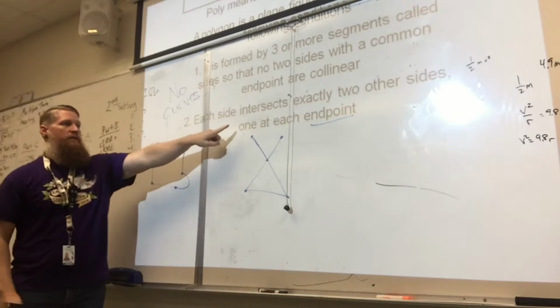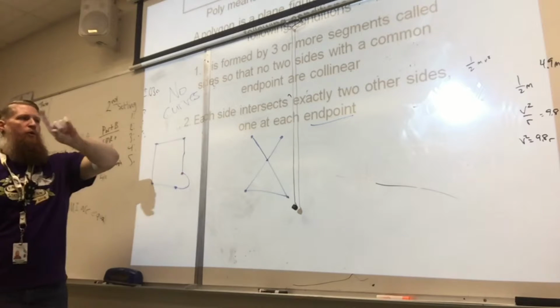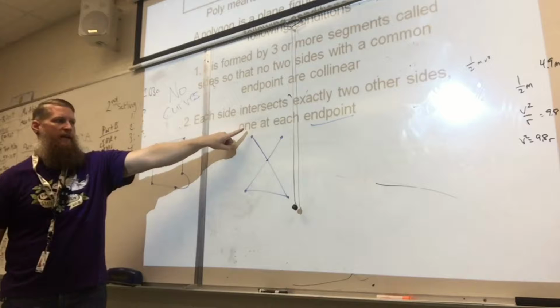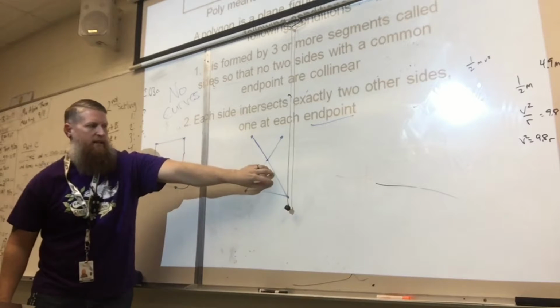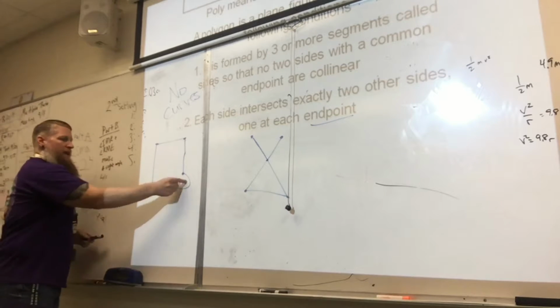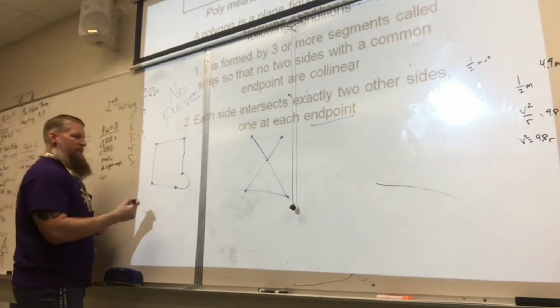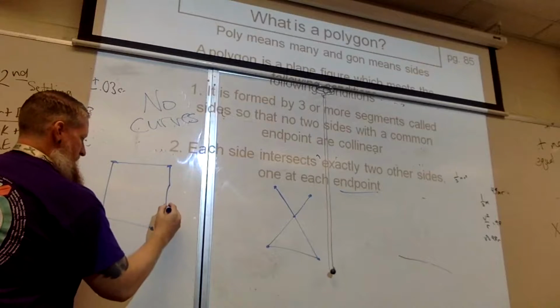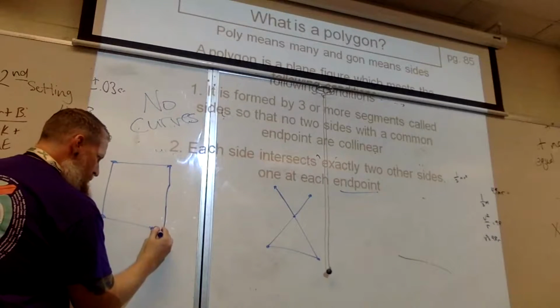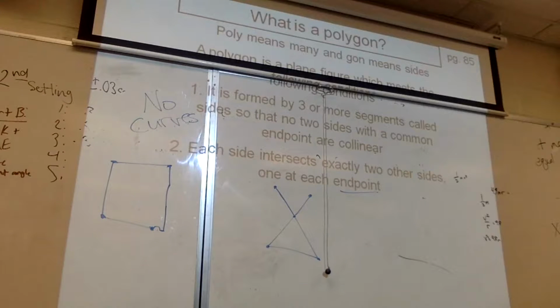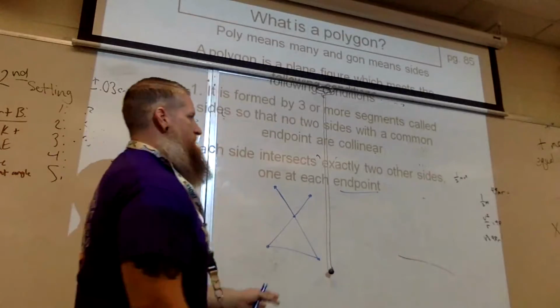Okay? So this one means it has to stop at the endpoints for the shape that you're looking at. So if I stopped at that endpoint, again, I can classify that as a triangle. And you can't have anything that's curved. Even if I made this a little tiny curve right there, it still wouldn't be a polygon. You have the little tiny curve on it, it still counts.